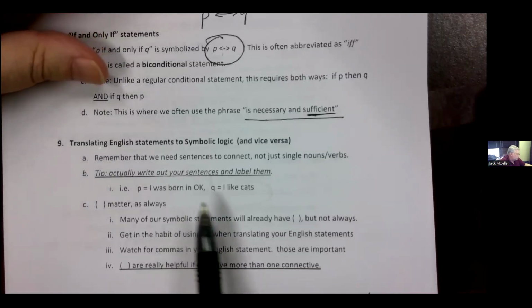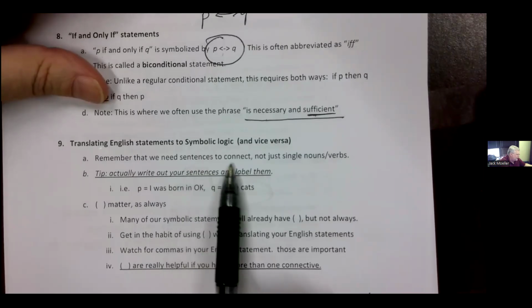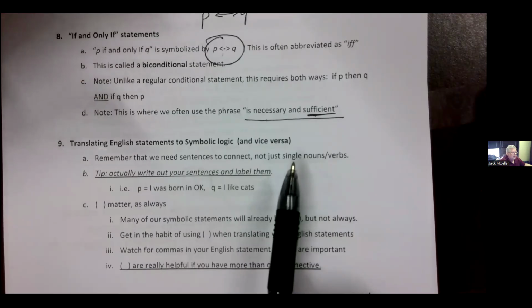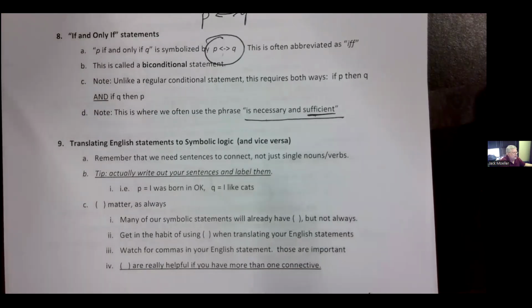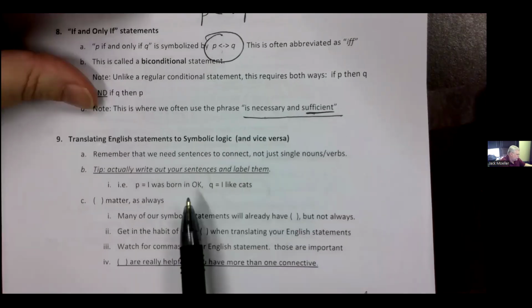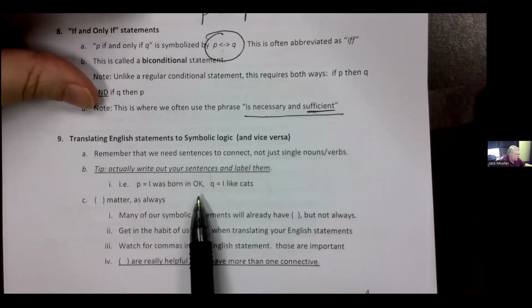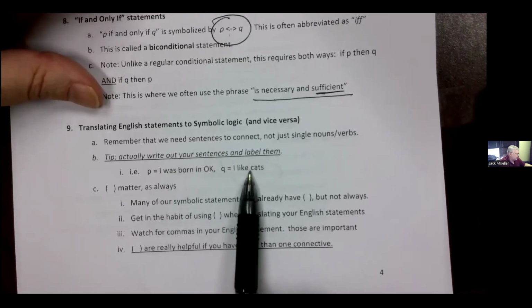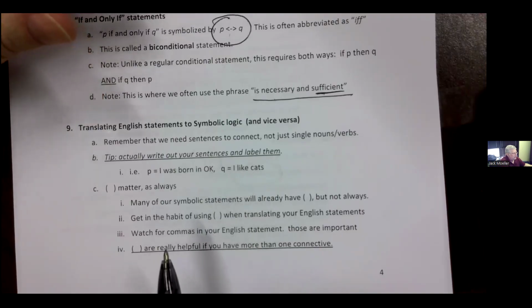Remember we're connecting sentences, not single nouns and verbs. So be careful if you see an and, make sure that on each side of the and, it's a whole sentence, not just a single word. Something I highly recommend is that when you see a sentence, write out what P is and what Q is. That makes it so much more straightforward, I think.